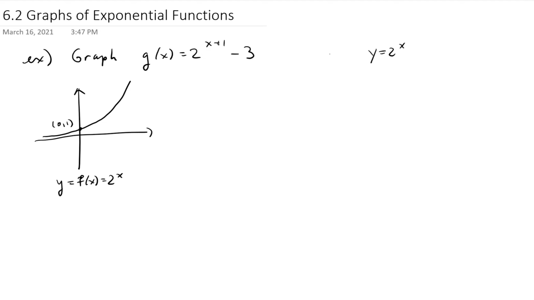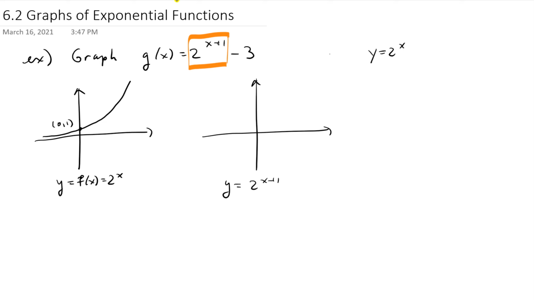Okay, now let's try to think. The first thing that acts on x is this plus 1, you see. So we're going to look at this first part, like 2 to the x plus 1. So y equals 2 to the x plus 1. How is that related to the graph of f? You have to ask yourself, is this f of something?